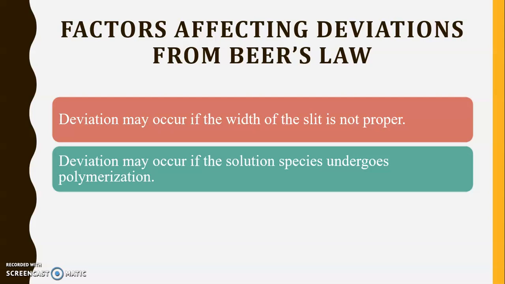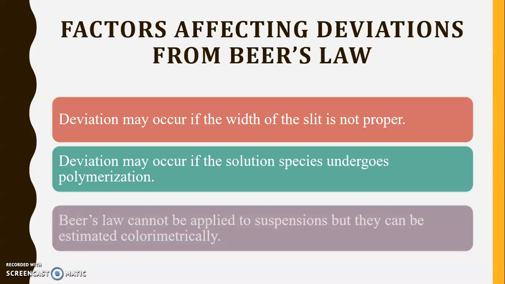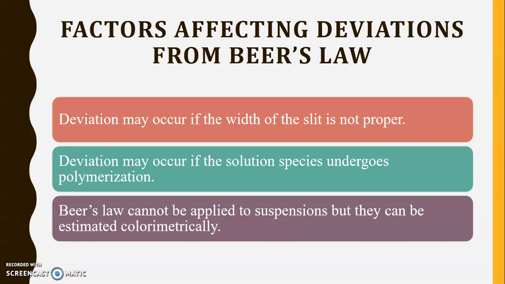The last deviation occurring in Beer's law is that Beer's law cannot be applied to a suspension, but we can estimate them colorimetrically after preparing a reference curve with known concentration.